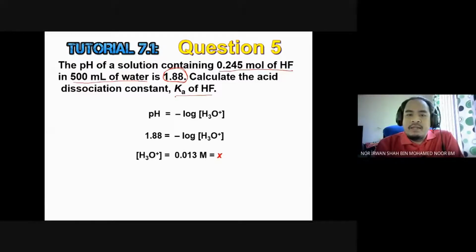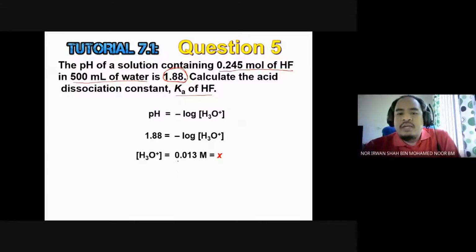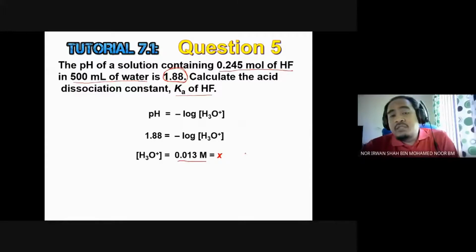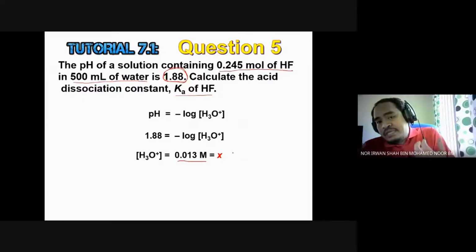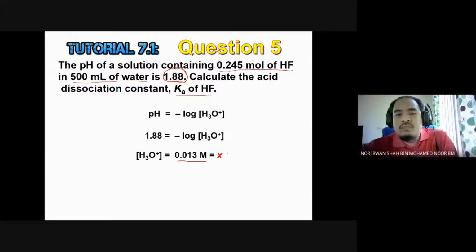So apa you all akan dapat? The value is 0.013 molar. Okay guys, kalau you all masih remember, nilai ini kalau kita masukkan dalam table, jadi actually this value here 0.013 molar ni actually represent the value of X di dalam table.